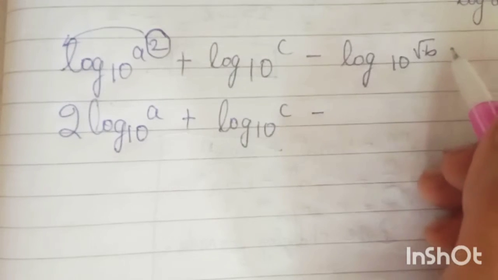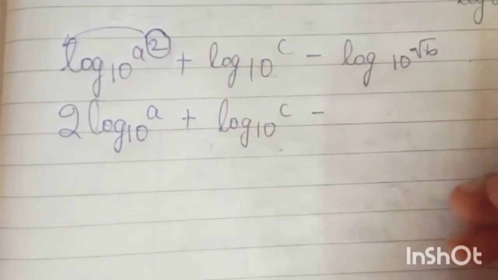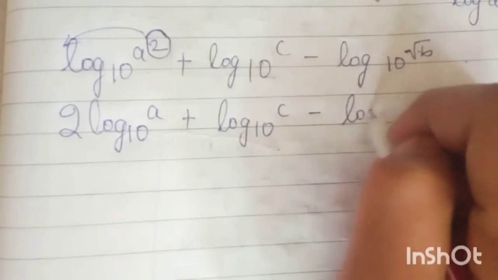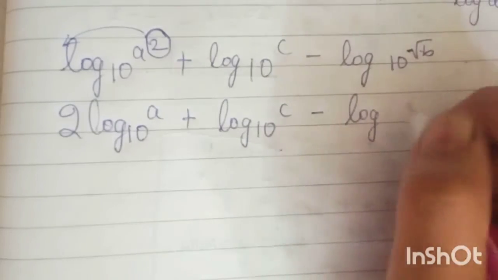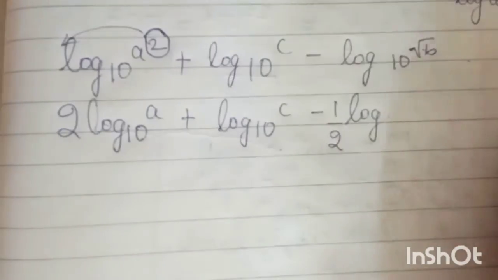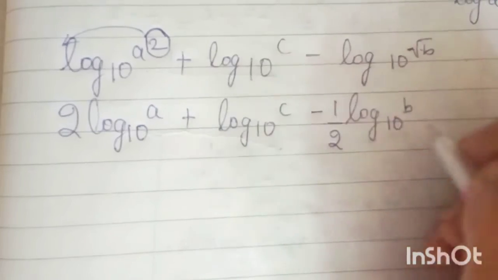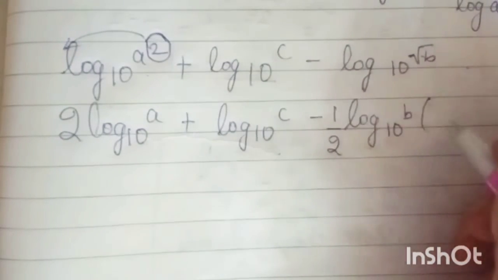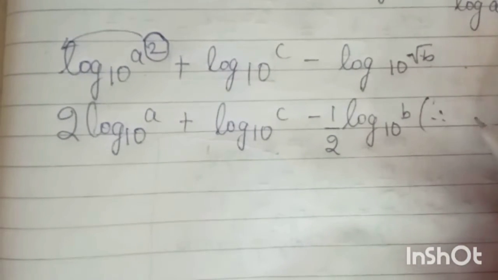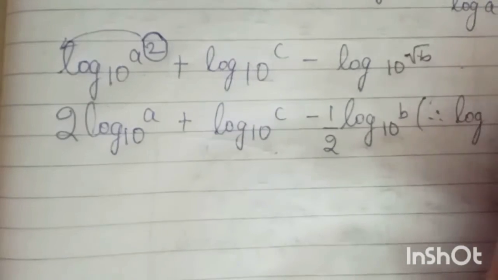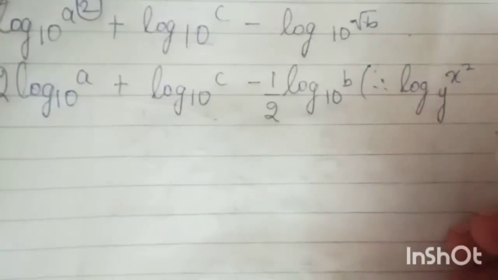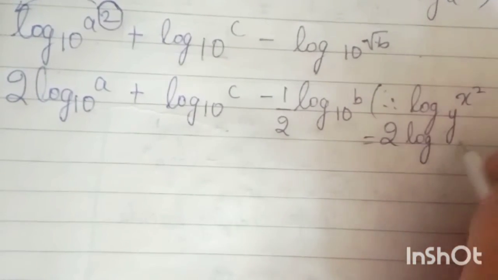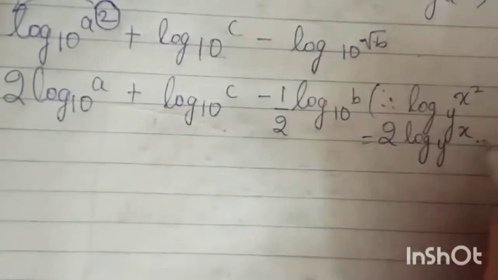So the root value is what? This is a square root. Square root value is 1 by 2, no? So I write log, 1 by 2 will come this side, b to the base 10, okay, I have brought 1 by 2 this side, because log x square by y is equal to 2 log x to the base y, right?